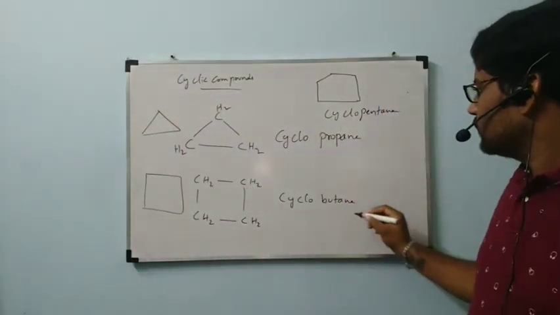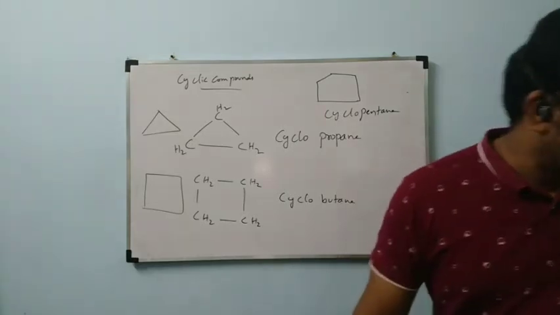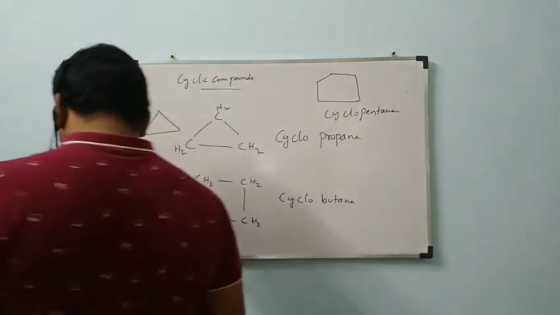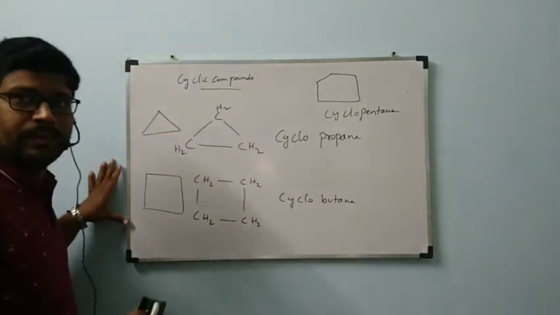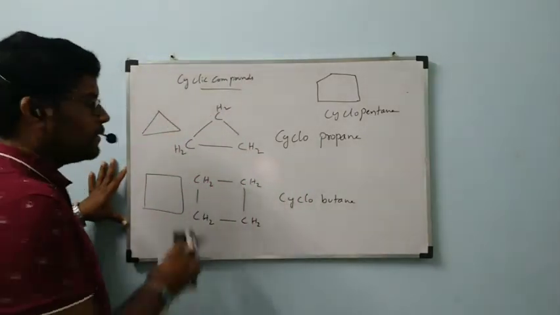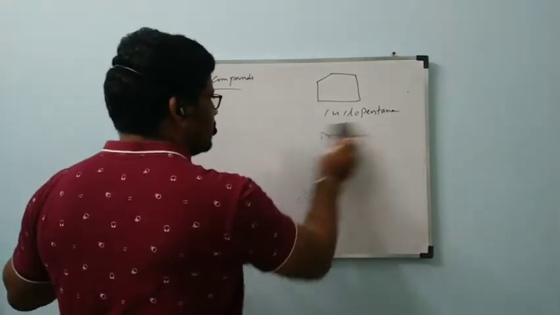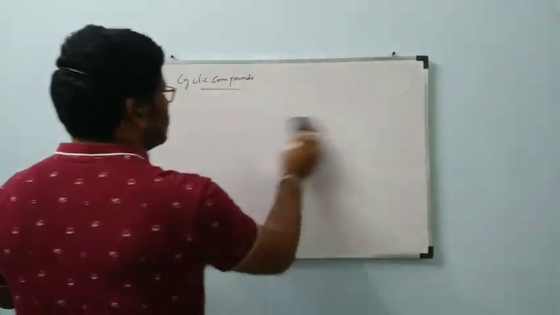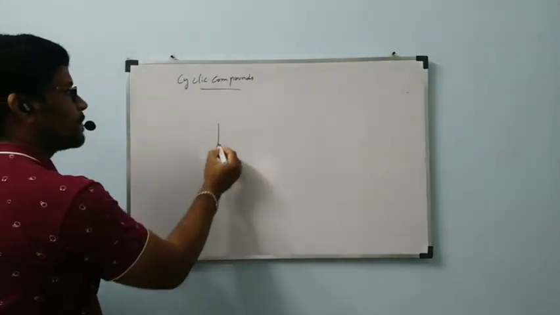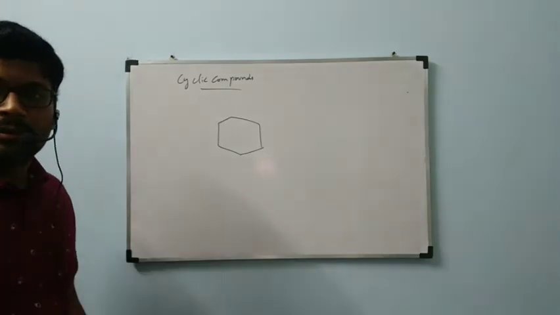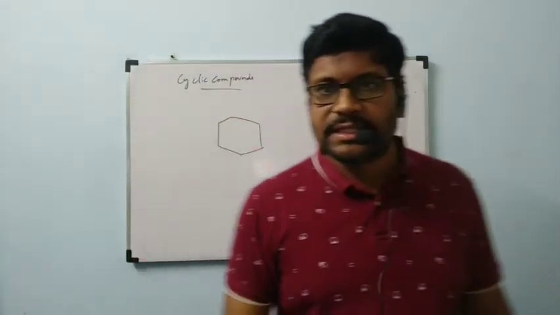Next, I will rub this one and note down my next one. Before that, note down all of you. This one has how many carbons? 6 carbons.